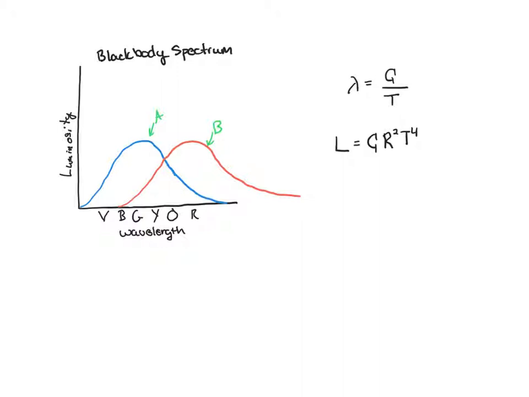You might also see flux here or energy output, but that is what is plotted here on the y-axis. So we want to look for where that y-axis for our blackbody spectrum would be the greatest. Now for these two particular stars, the greatest energy output is the same for both of them.